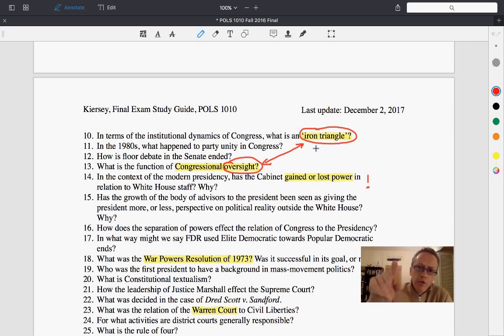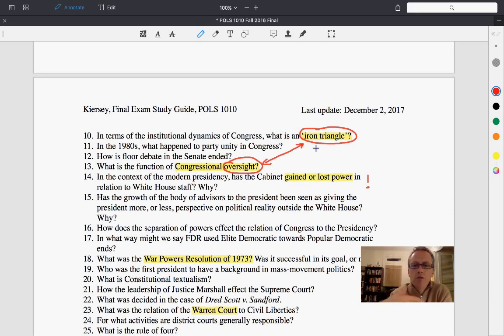And the problem there is that specific policy solutions tend to get hermetically sealed off from wider popular debate and popular oversight. A lot of this goes on behind closed doors. The Iron Triangle basically means that you have a trio of stakeholders, and the people aren't one of them.